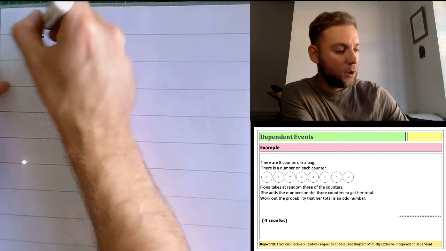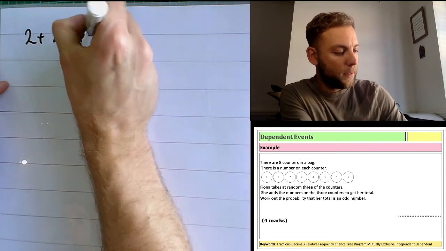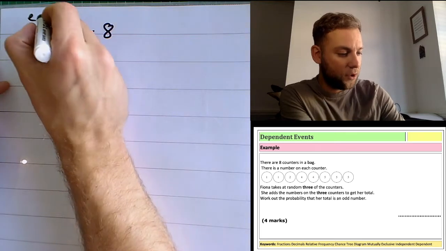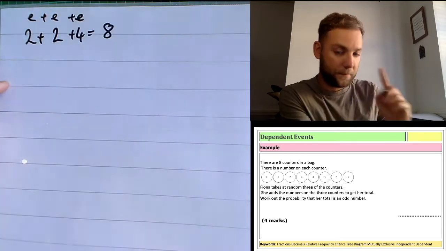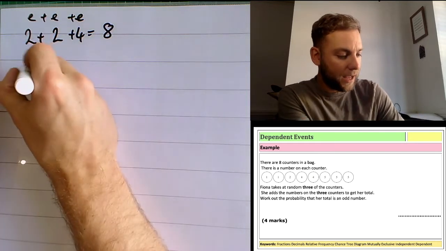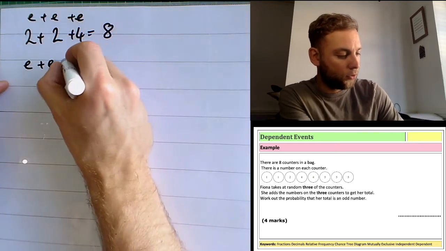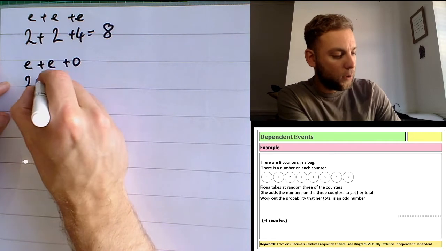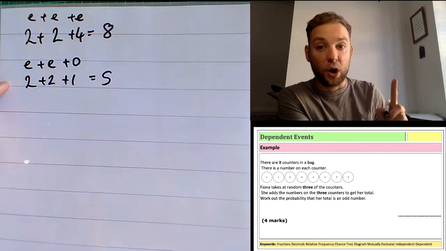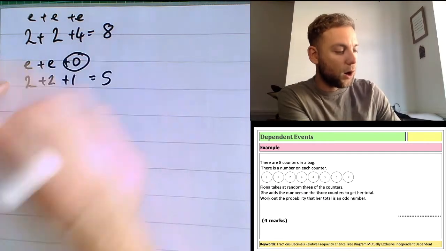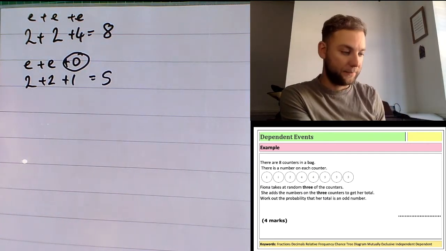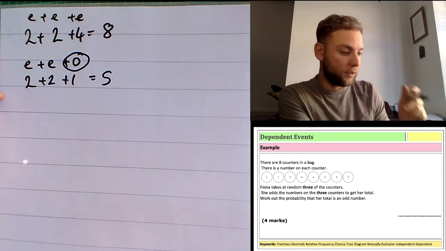If I do 2 plus 4, that's going to be equal to 6, which is an even. So that's going to be even plus even, and we know that an even plus an even is an even. Now, if I do even plus odd, so let's go 2 plus 1, this is equal to 3, which is an odd number. And that's because we've got one odd number in our addition.